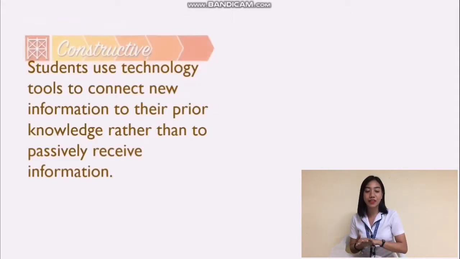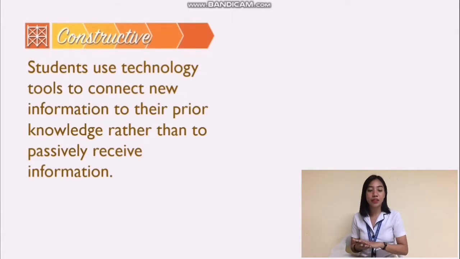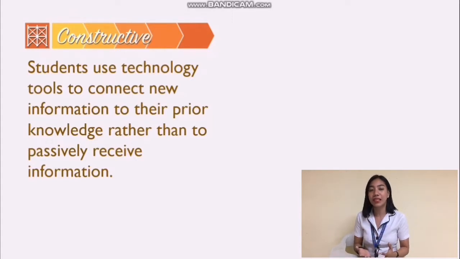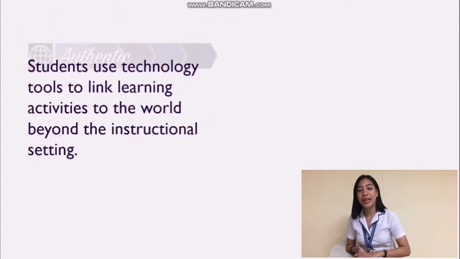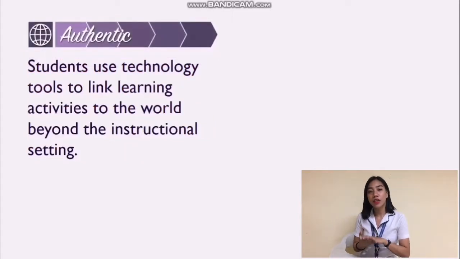Third is the constructive. Students use technology tools to connect new information to their prior knowledge rather than to passively receive information. Now the students here are the ones who are using the technology tools to connect to new information. The fourth one is the authentic learning.